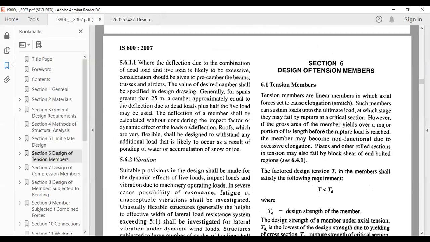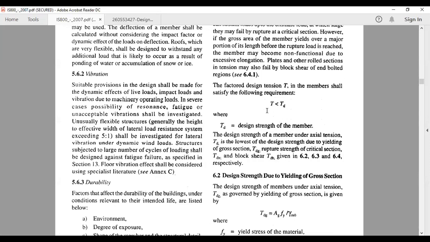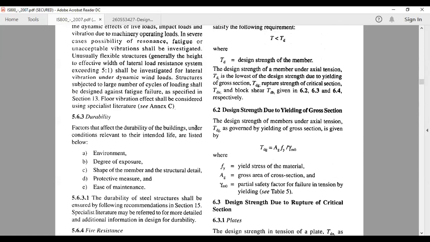One is yielding of gross cross section. Here you need to make sure the force within any tension member is less than the design capacity of that member. Td is the design strength of the member. Section 6.2 gives the strength governed due to yielding.